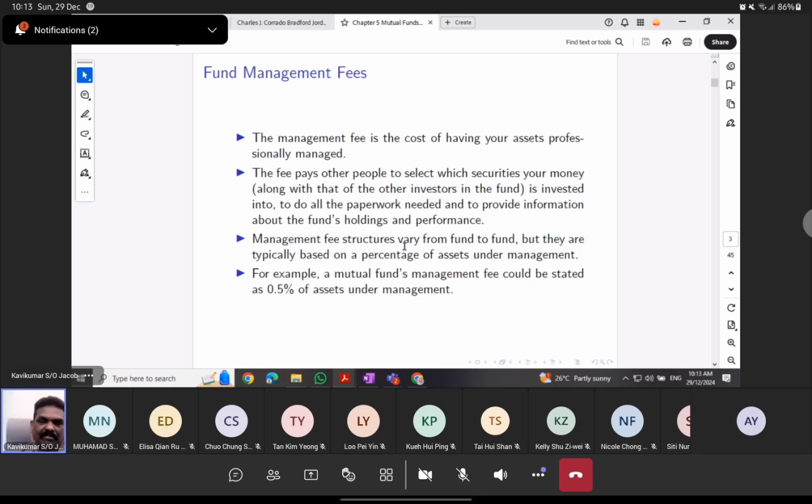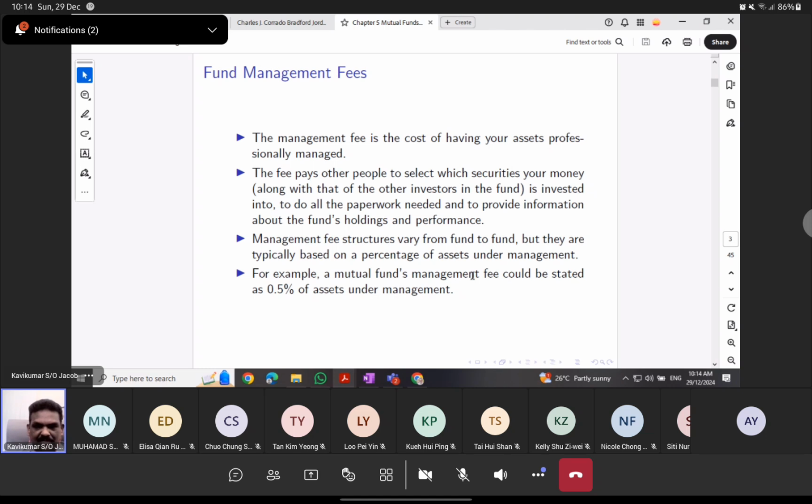Every month you have to pay 150 or 200 ringgit, something like that. But when it comes to the market, like stock market, bond, mutual fund, the management fee is based on the fund, and how they collect is based on the percentage of your asset.